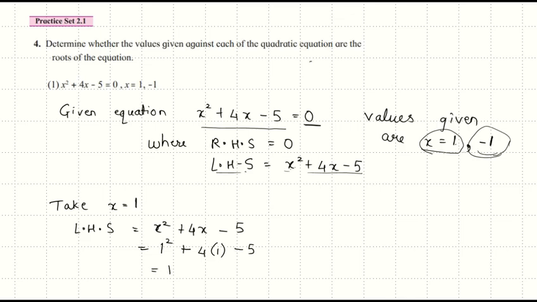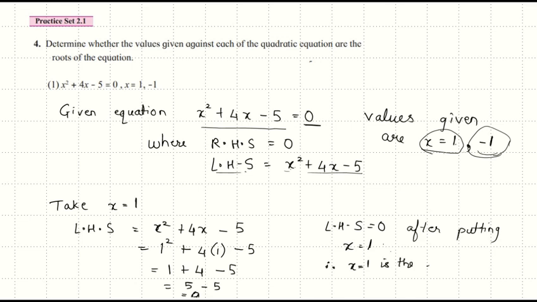So 1 square is 1 plus 4 into 1 is 4 minus 5 is equal to 5 minus 5 is equal to 0. As we got LHS is equal to 0 after putting x is equal to 1, therefore x is equal to 1 is the root of the given quadratic equation.